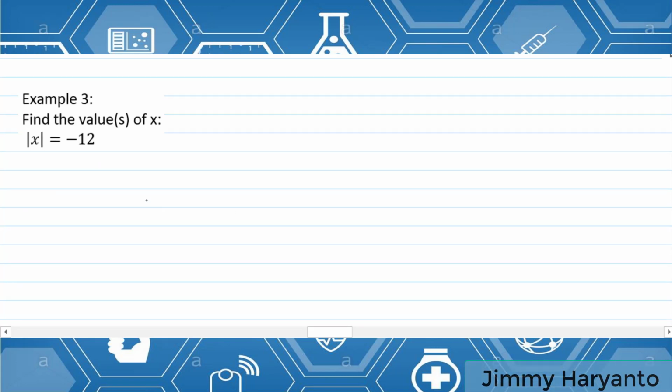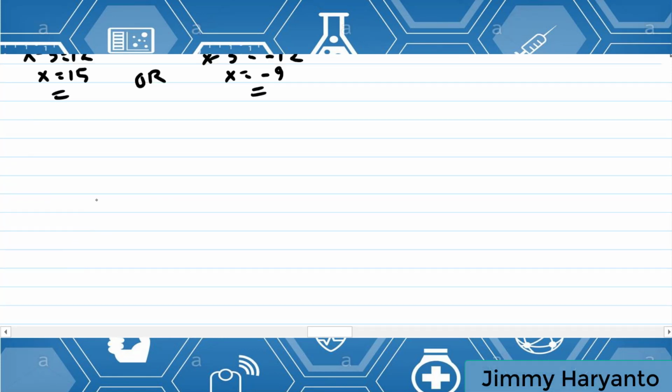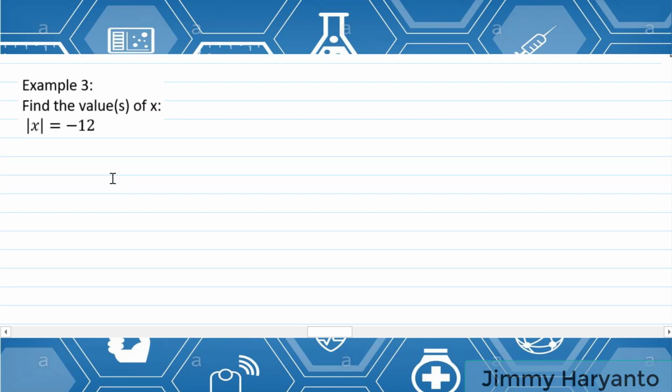How about number 3? Number 3, the absolute value of x equals negative 12. We have to split this into 2. Oh, no, because the result is negative 12. We know that if we have the absolute value of x, the result will always be positive.